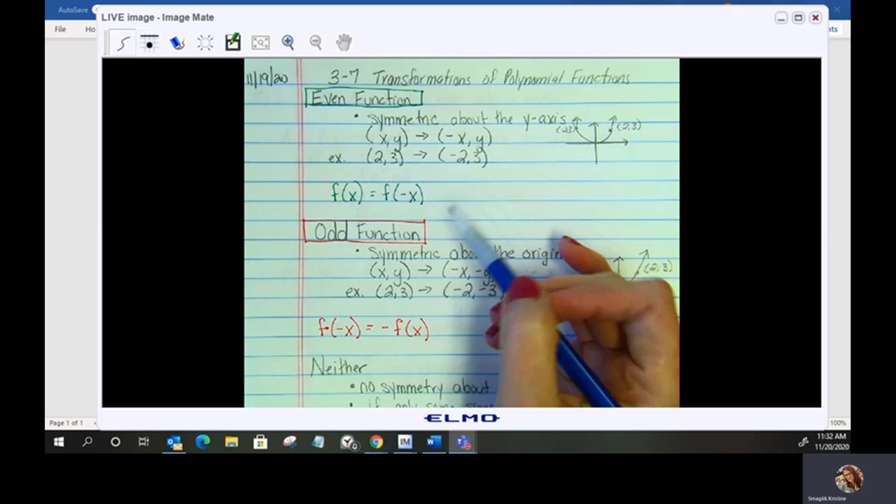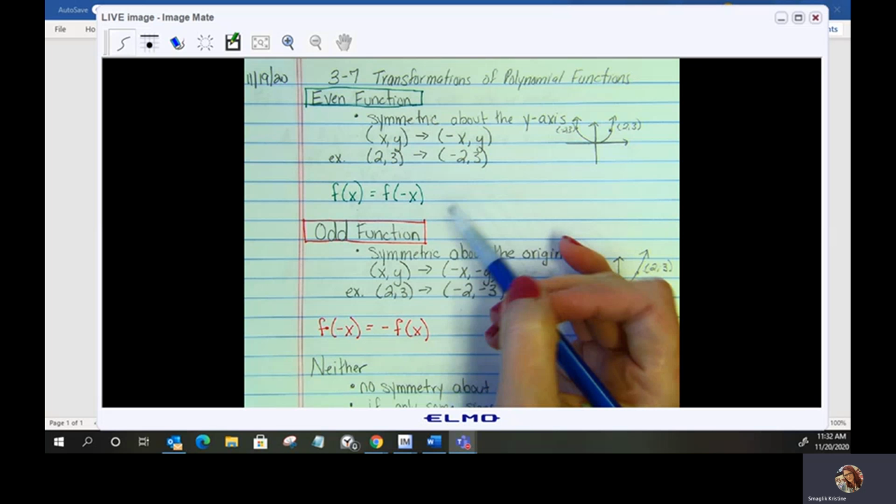Same here. If I were to do a horizontal or vertical translation, it is no longer going to be symmetric about the origin. Right now, this is odd positive. It is an odd function. If I translate it, it would still be an odd positive function, but it would not be an odd function because it is going to be missing that symmetry.